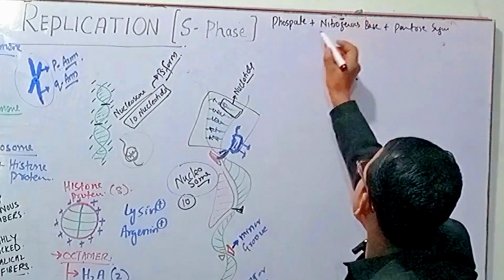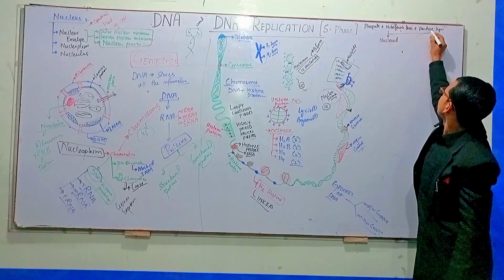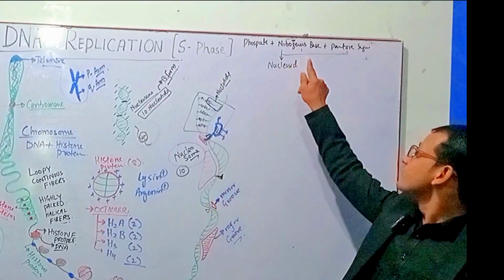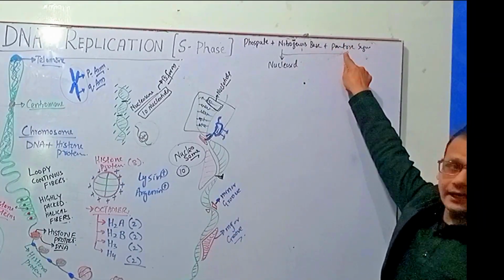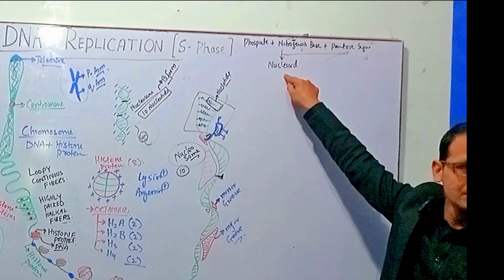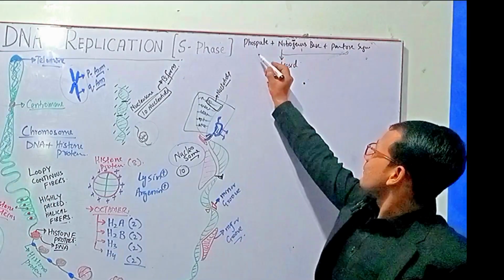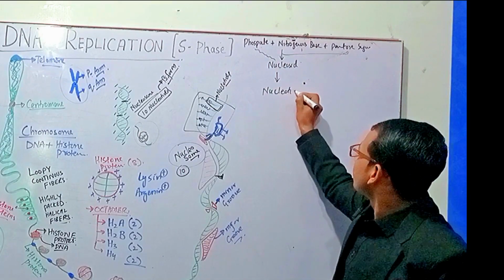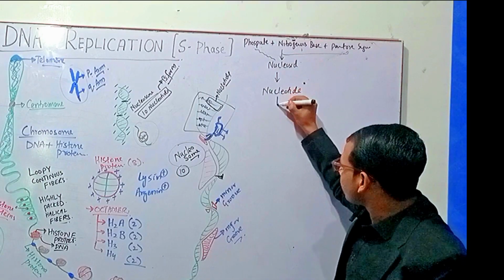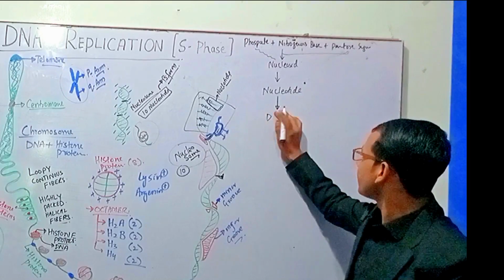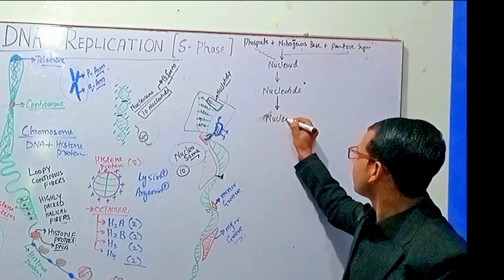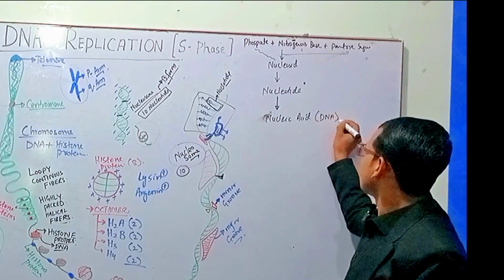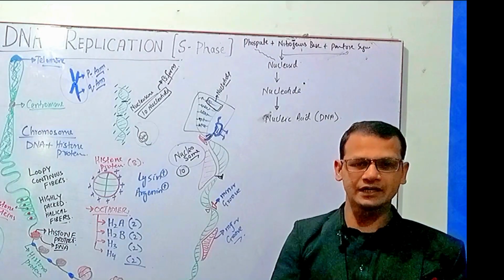The nitrogenous base and pentose will form a nucleoside. When we add phosphate here, it will form a nucleotide, and if we take a lot of nucleotides, it will form nucleic acid. But here we are discussing DNA, right? So how can we define DNA?